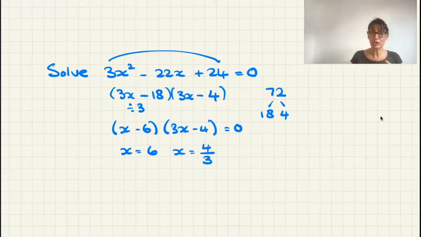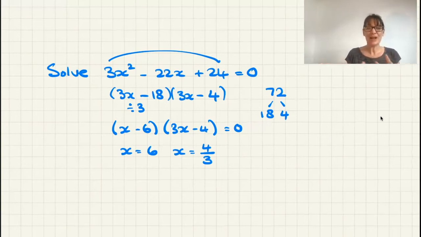Now you could use the quadratic formula. It doesn't say solve by factorizing. So if it doesn't tell you how they want you to do it, you can do it whichever way you like. So if you did get to those results using the quadratic formula, you've done a perfectly good job. You've just done it a different way and chosen a different method.